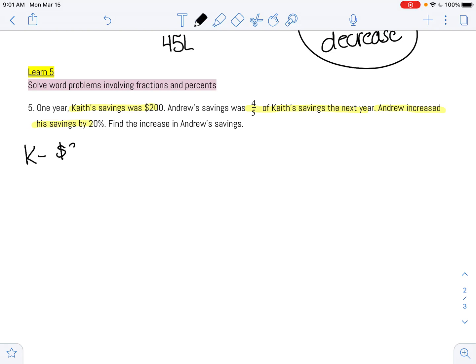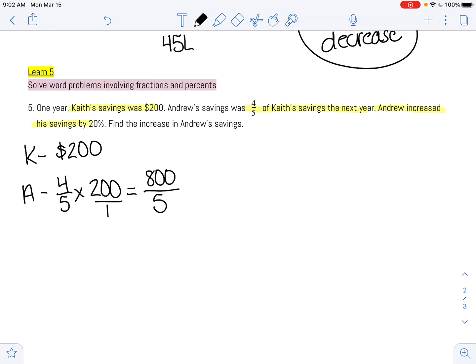So Keith is $200. Andrew's going to be 4/5 of Keith's, or 4/5 times Keith's. When we multiply across, we get 800 over 5, which simplifies to $160. So that was Andrew's initial amount.